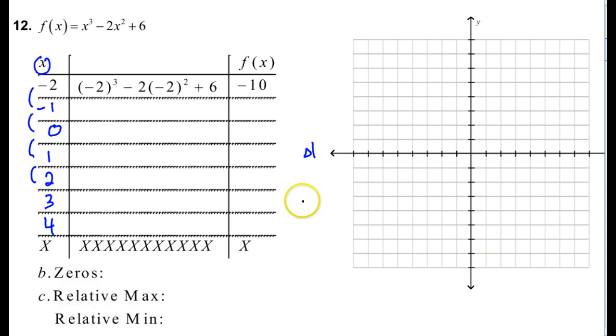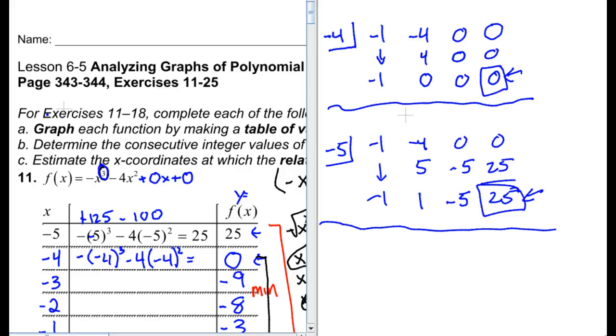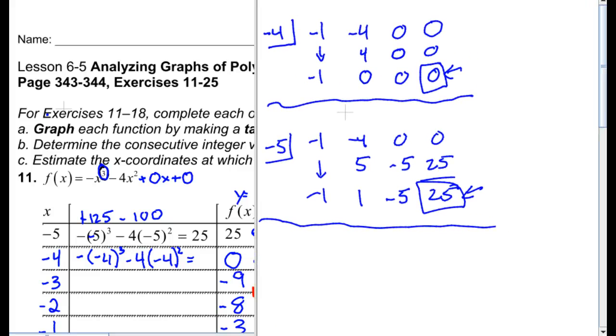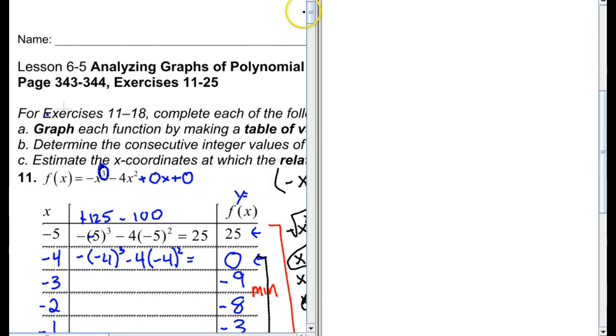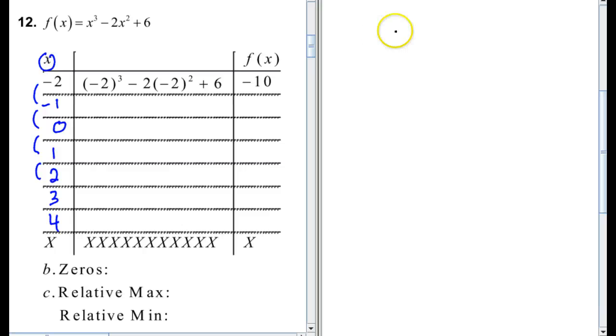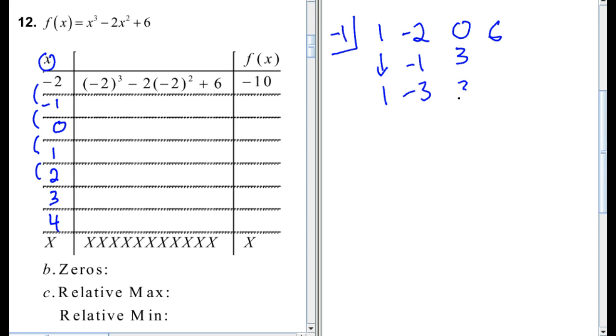Let's see here. If I was doing this table synthetically, I'd do this. -1, and that's going to go into 1, -2, 0, and then 6. -1, -3, 3, 3, -3, and 3.